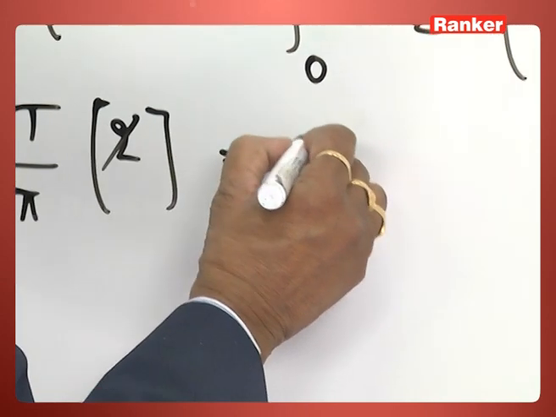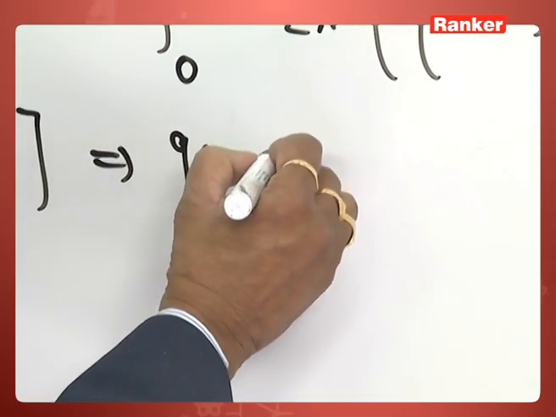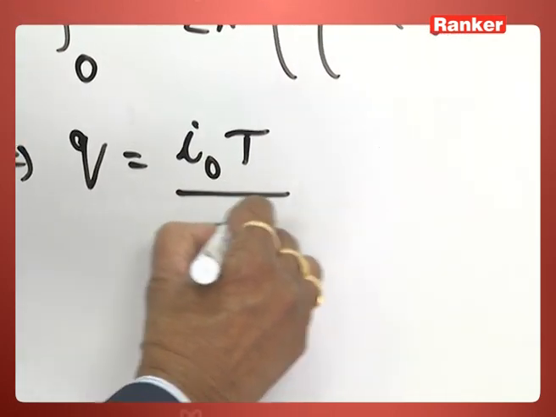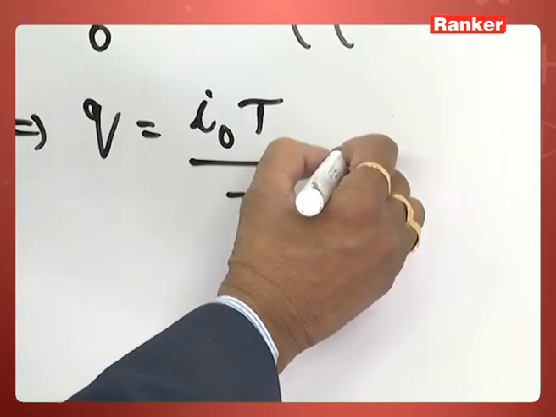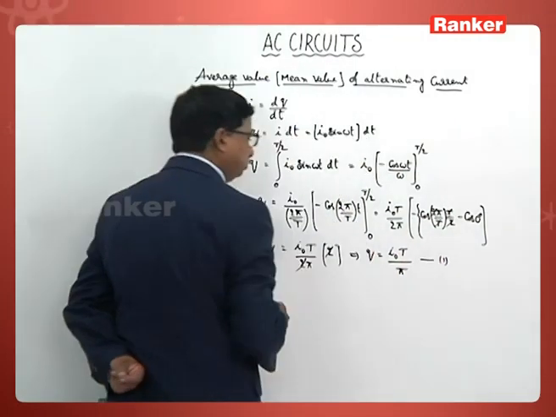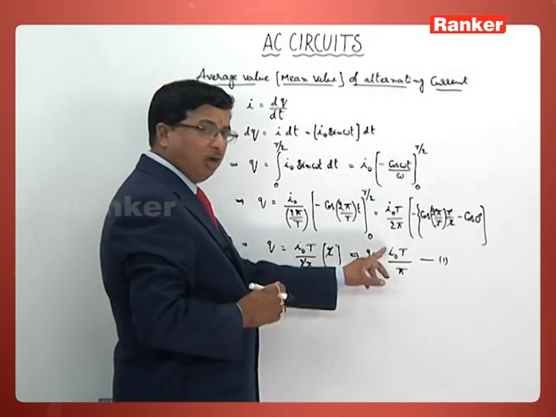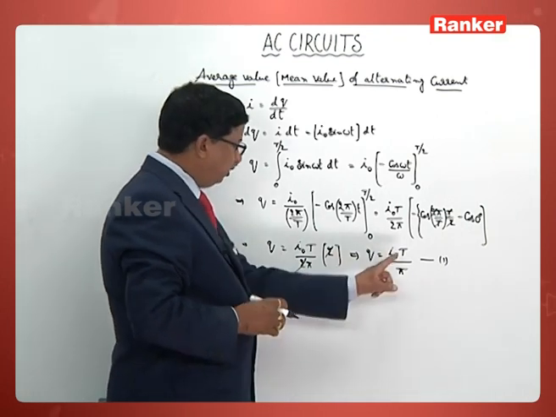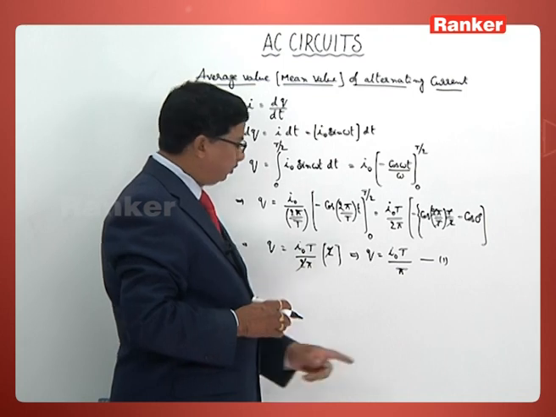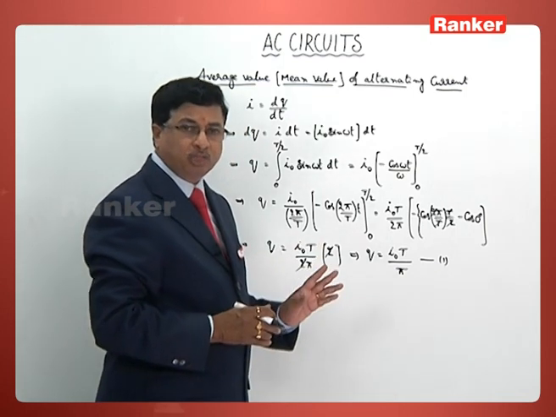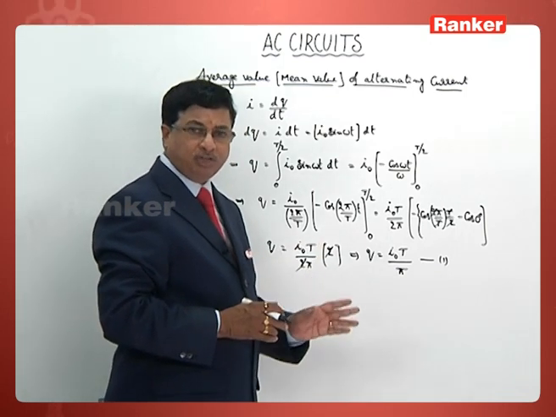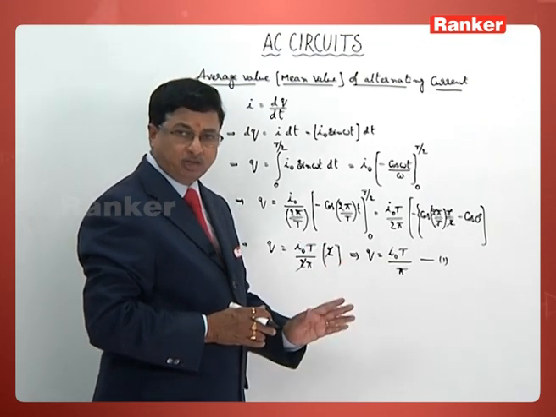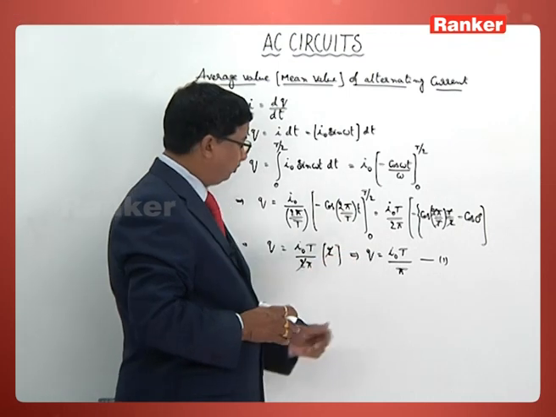You will be left with Q is equal to I naught T by pi. That is the equation we can get from it. I naught represents the peak value of current, T is the time period, pi being a constant, 3.14, the pi radian we are talking about.